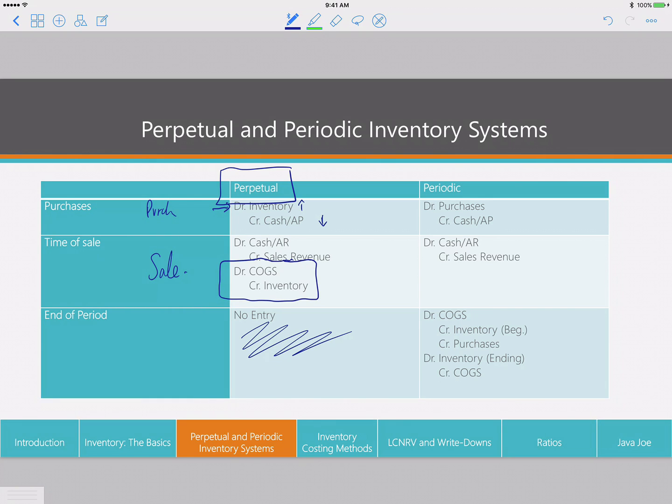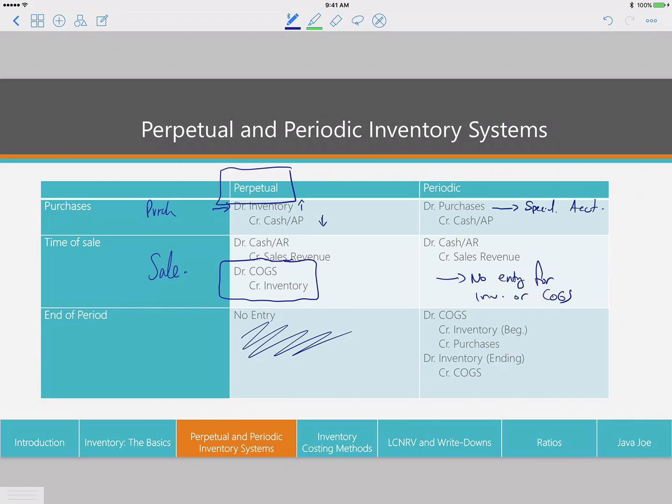Under a periodic system, when you actually make a purchase of inventory, you do not debit that right into inventory. Instead, it goes into a special account called purchases, and this only exists under the periodic system. So throughout the period, you're adding to your purchases. Every time you make a sale, there's no entry for inventory or cost of goods sold.